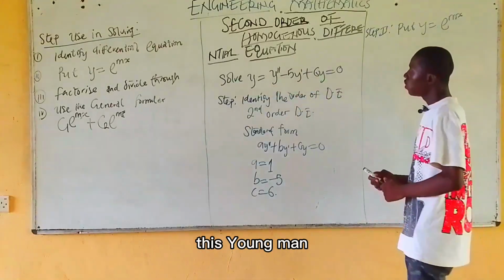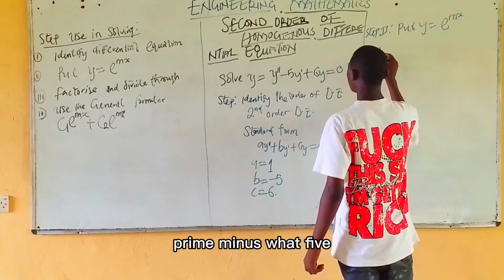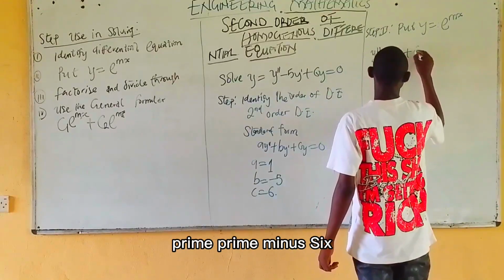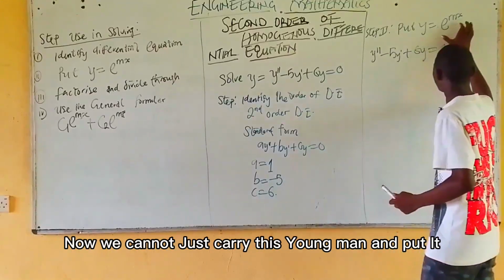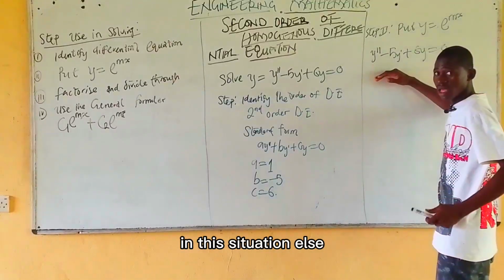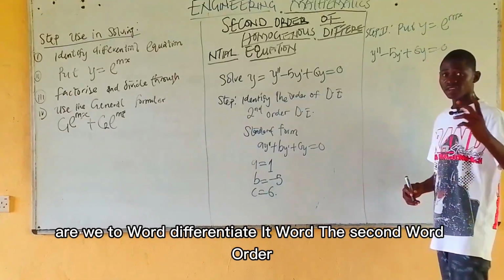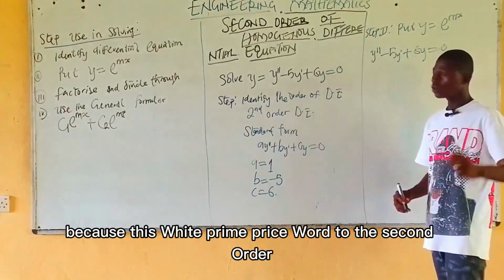From the equation, we have y'' - 5y' + 6y = 0. Now, we cannot just carry this and put it in this equation. Else, what we are going to do is differentiate it to the second order, because this y'' is of the second order.